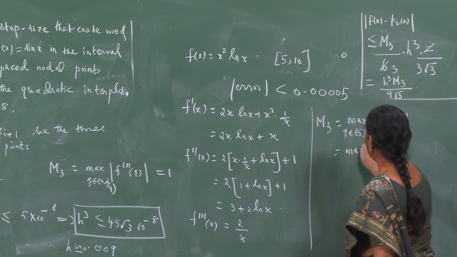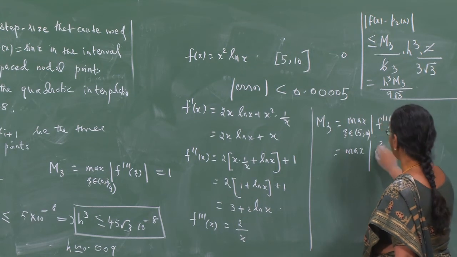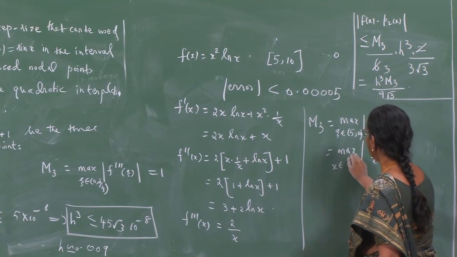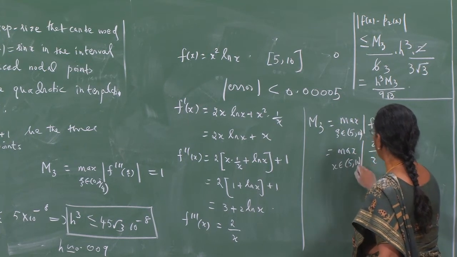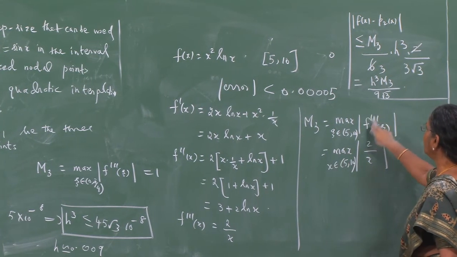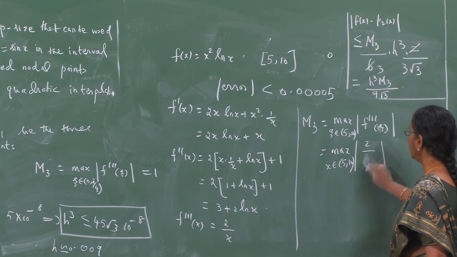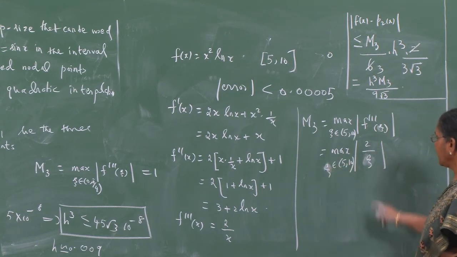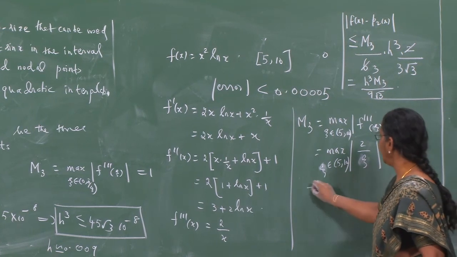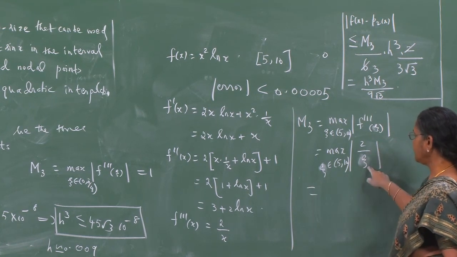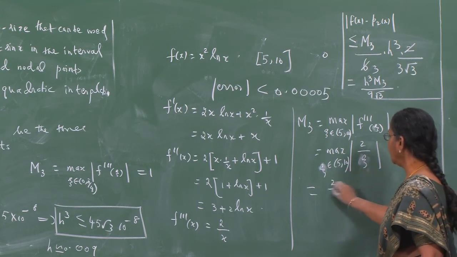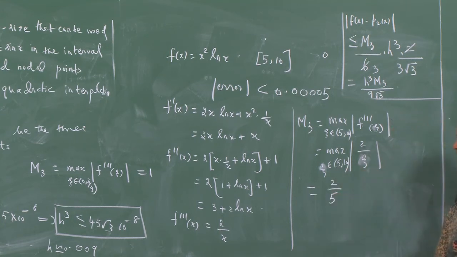So we require the maximum of the modulus of 2 by x for x lying in the interval 5 to 10. Since f triple dashed at psi is 2 by psi. So what is the maximum? Where is it attained? The maximum is attained at the lower limit. So it is 2 by 5.